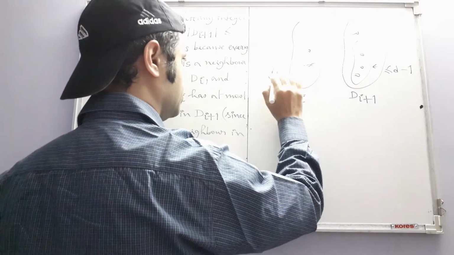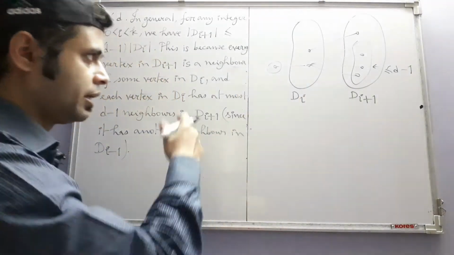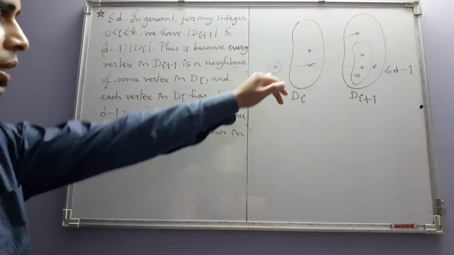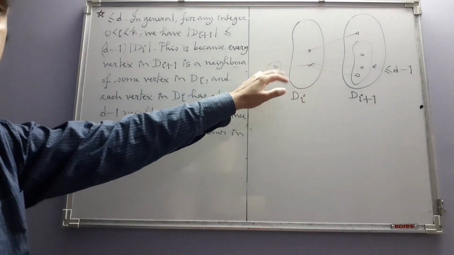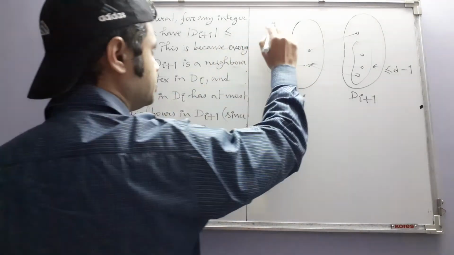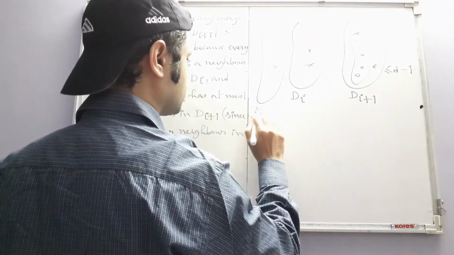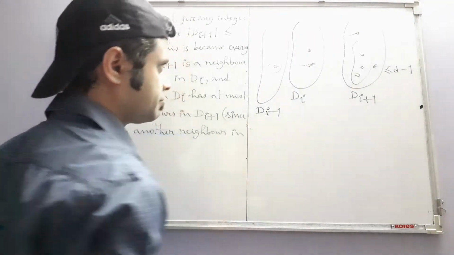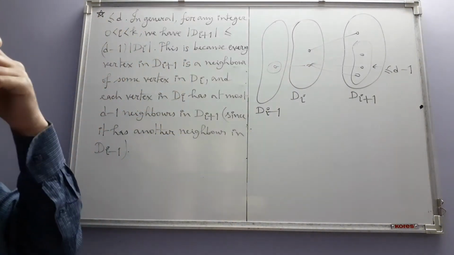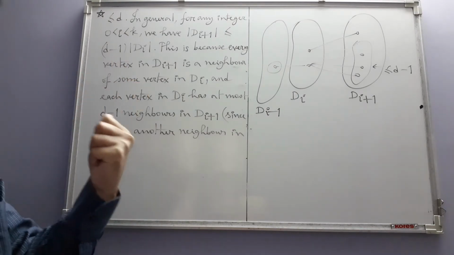We are forgetting this other neighbor of that vertex, which of course is in Di minus 1. So note, what does this tell us?